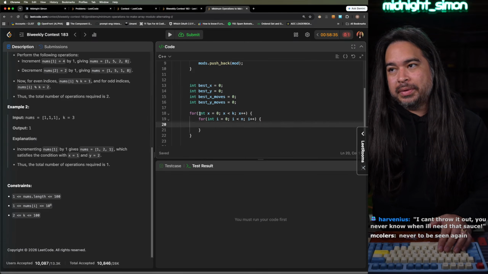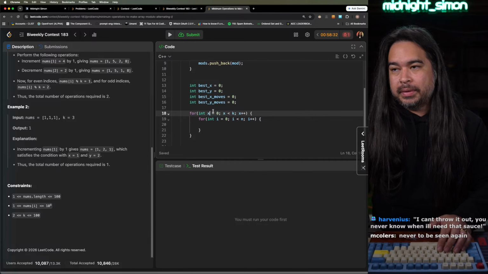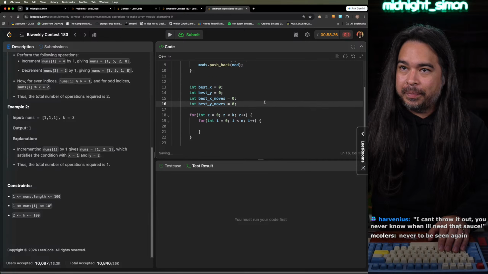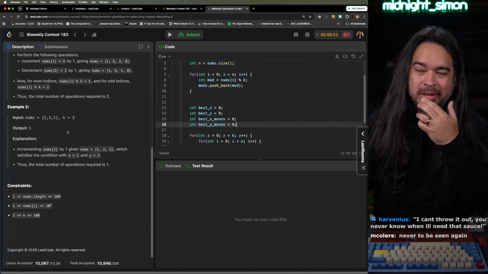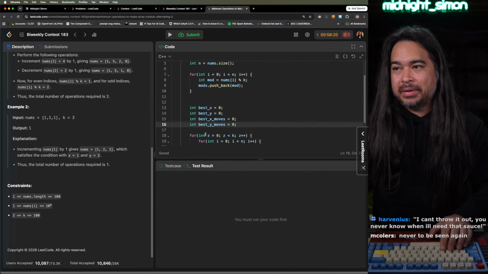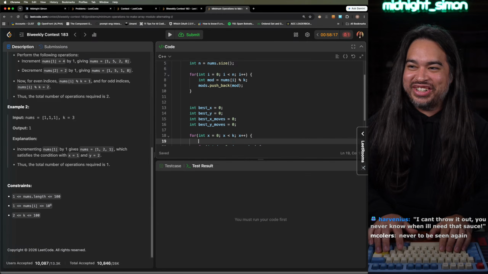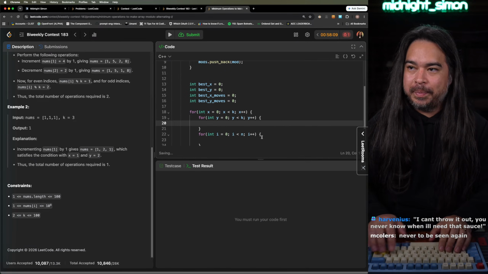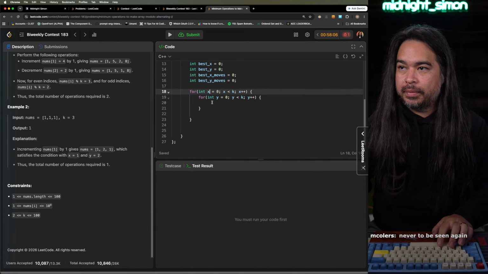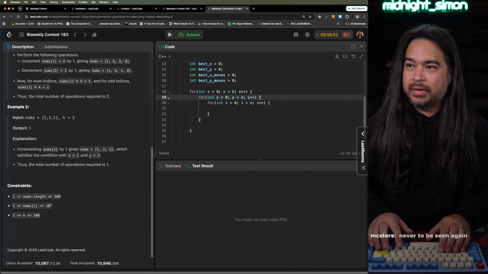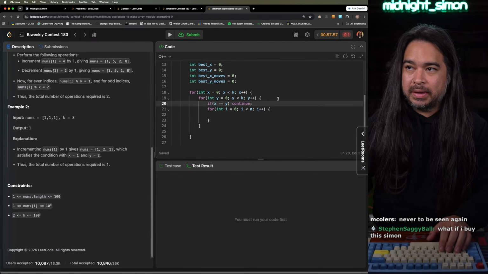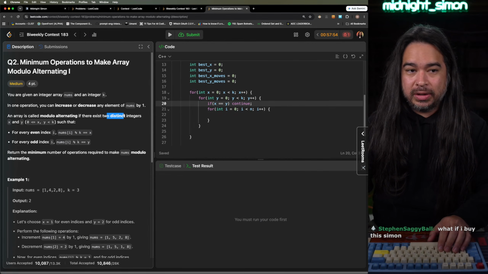I'm gonna call this Z because it could be both X and Y. Should I hit them with the triple? I'm just gonna hit them with the triple, man. So I'll say if X is equal to Y, we should skip this because they need to be distinct integers.